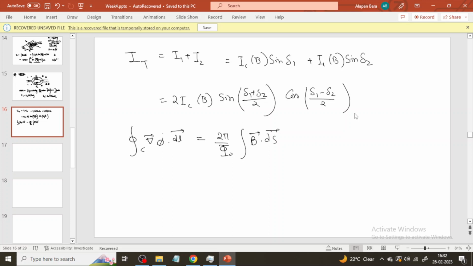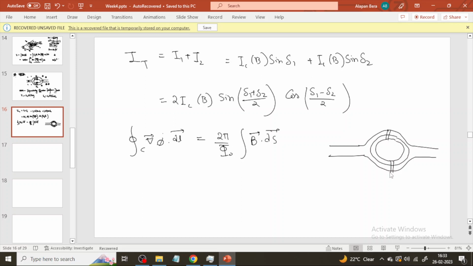So we choose our path like this. This is our junction, and this one is also a junction. So our path is like this.